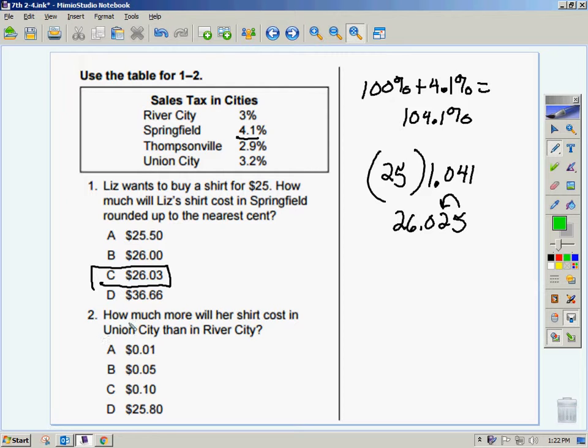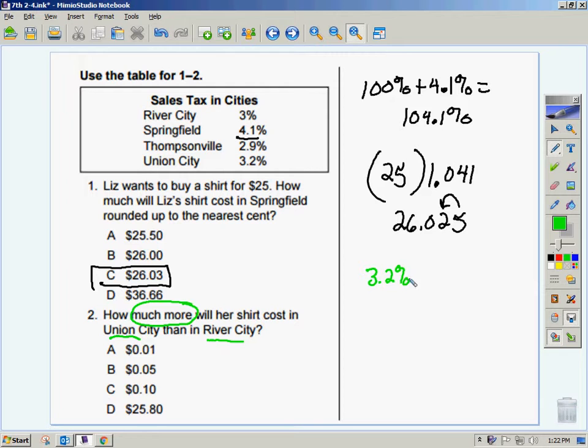In number 2, it says, how much more will her shirt cost in Union City compared to River City? So I've got to calculate the cost in Union City and the cost in River City, and to find out how much more something is, I've got to subtract the 2 values. So again, Union City is 3.2%.